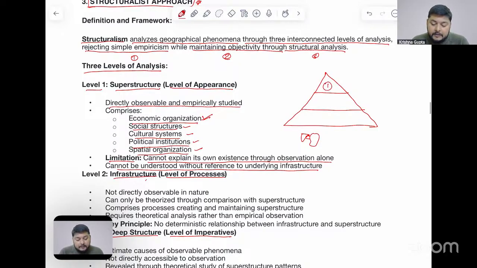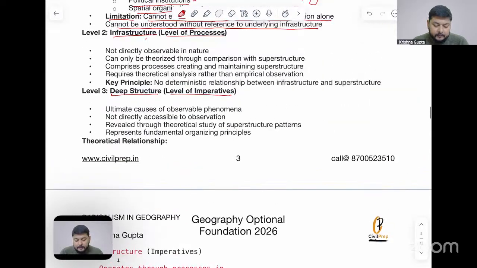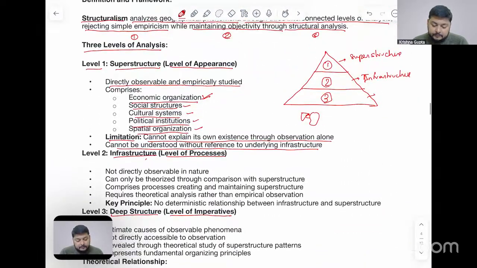So this is the superstructure, this is the infrastructure, the second level, and the third part here is the deep structure.